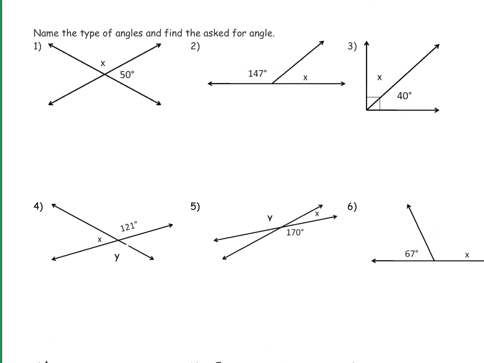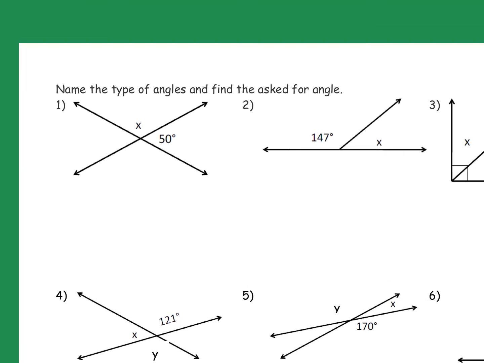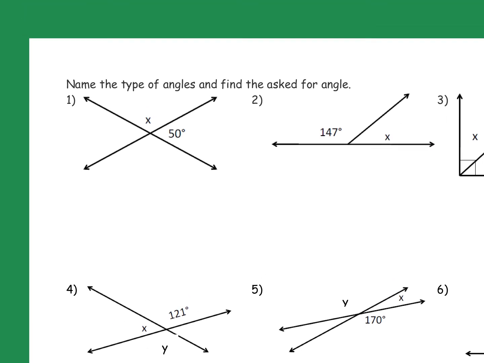Okay. So now we have our different types of angles. And really what we're going to talk about is vertical angles, linear pair, supplementary, which is basically, let me erase this because I want to write this next to linear pair.